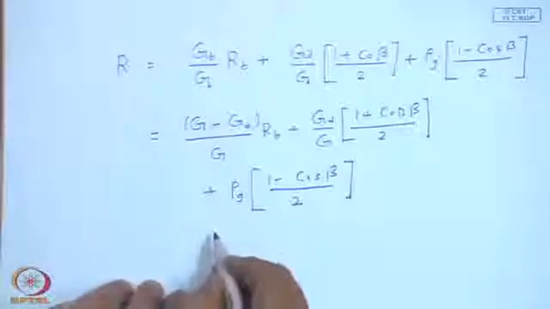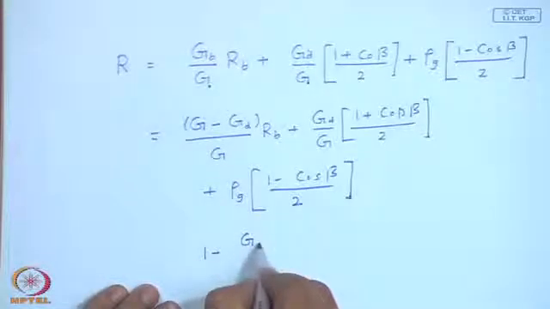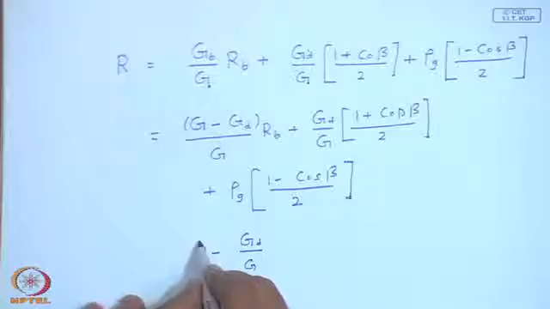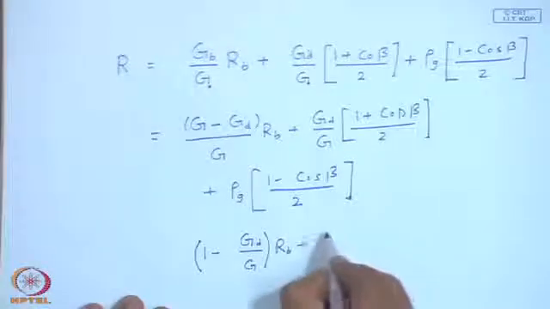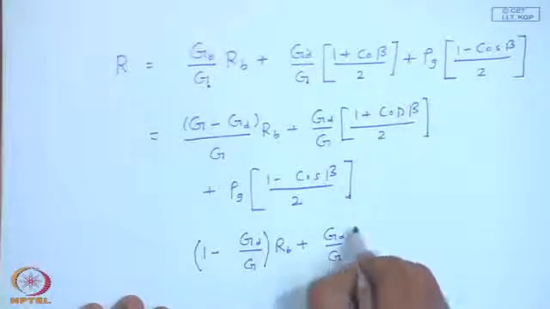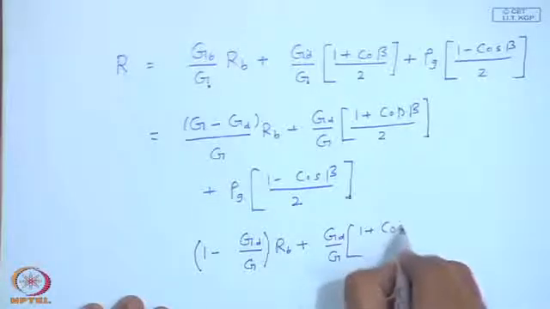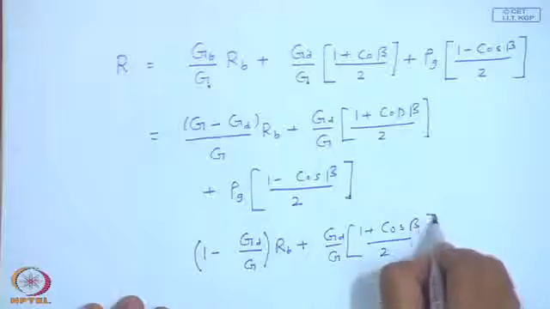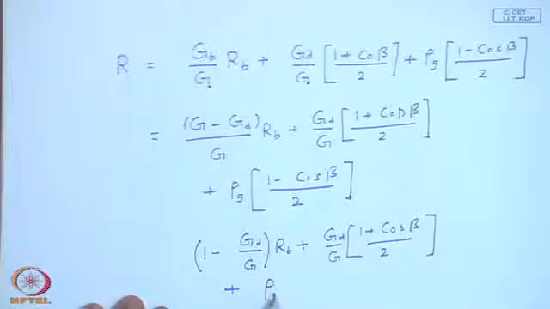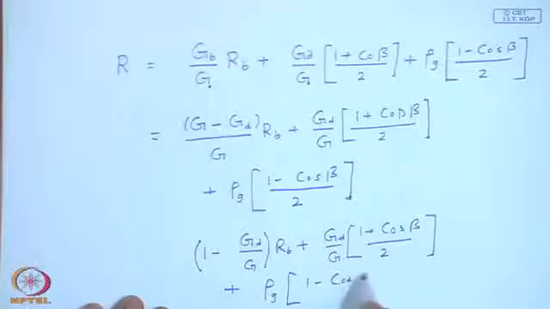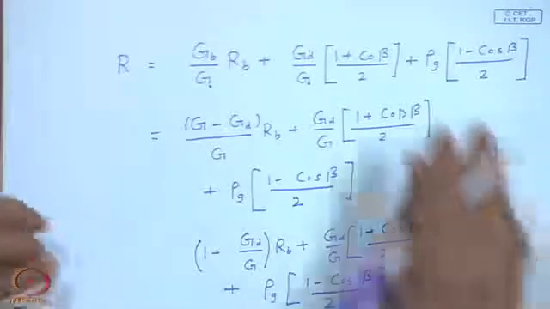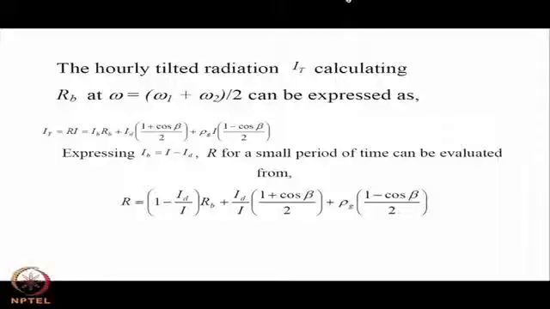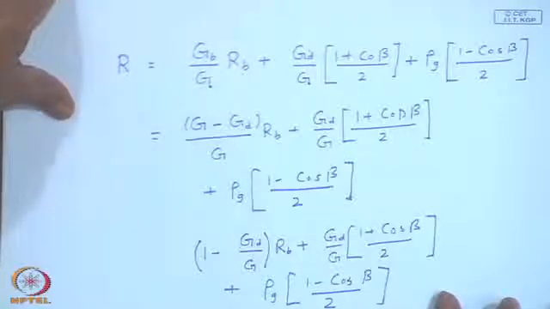This is 1 minus... plus rho G. Now, what I am finding out is that this is a ratio of only G D by G.